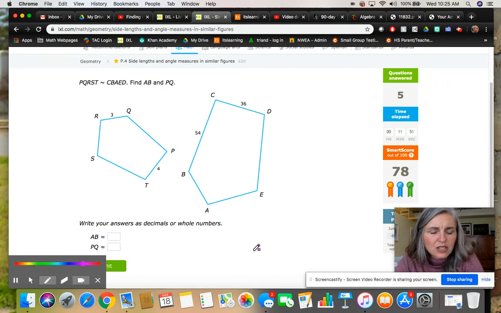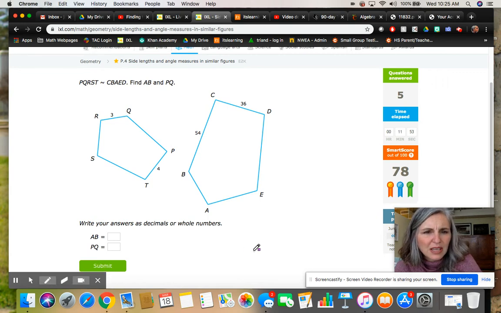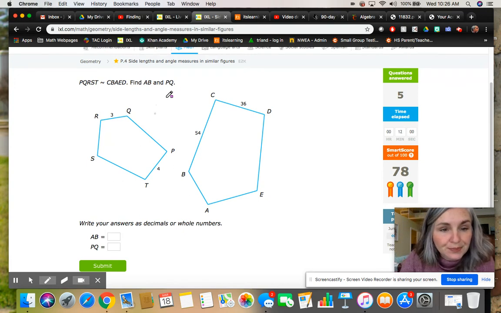Next question says, find AB, find PQ. At this point, well, let's just look at it. So AB is this side right here. And AB is going to match RQ, right?